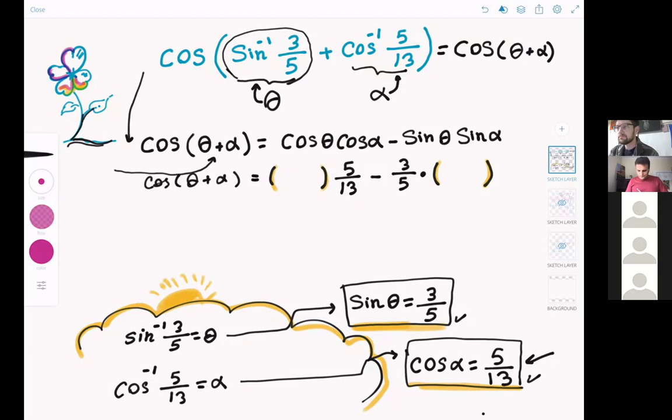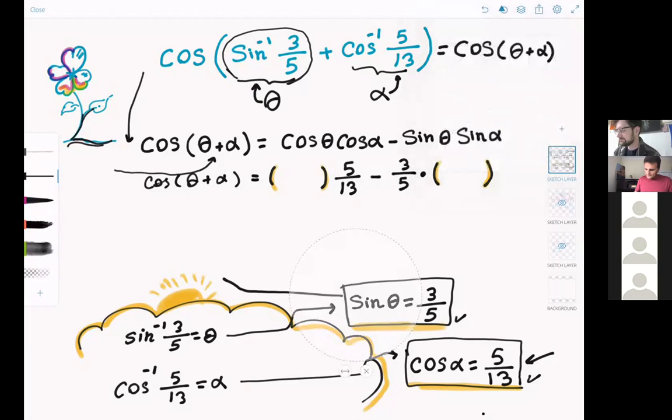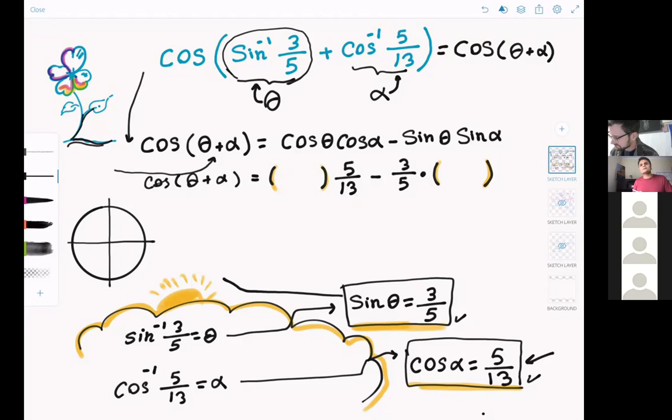So we are looking for cosine of theta. Cosine of theta should come from sine of theta. I'm going to make a circle. So the first quadrant, for a question like this, if you see positive, always the first quadrant.